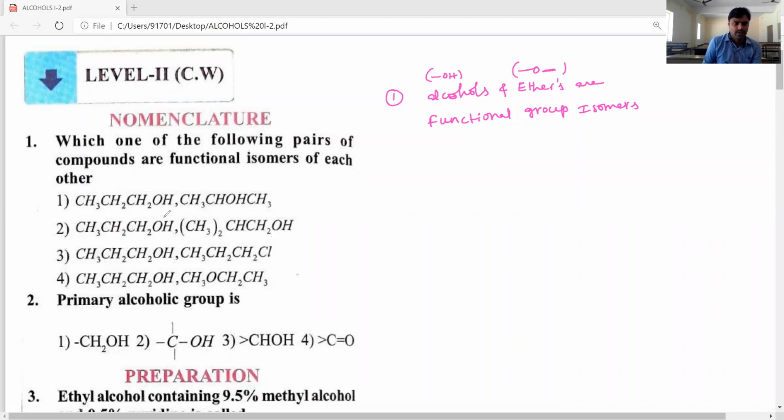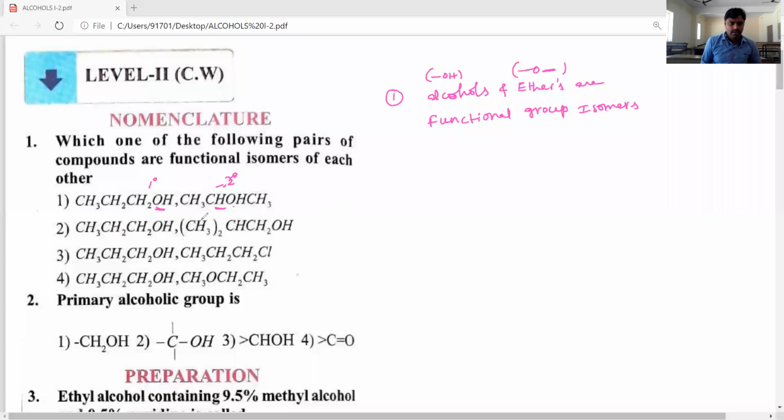Let's see the first one. This is a primary alcohol, and the other is a secondary alcohol. In primary and secondary alcohols, the OH position is changed. That's why those are not functional group isomers, they are just positional isomers.